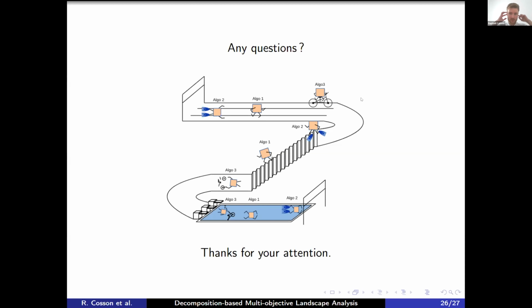The algorithm will, in fact, decompose the problem into a number of single objective subproblems, and it will search to solve all single objective subproblems in parallel, and there will be interaction between each subproblem to find the Pareto front. This is the principle of MOEAD.